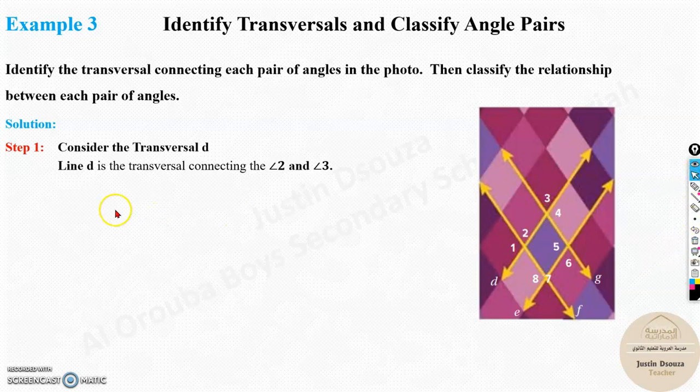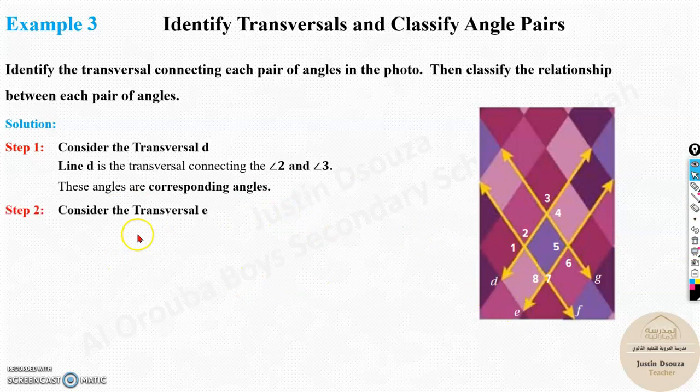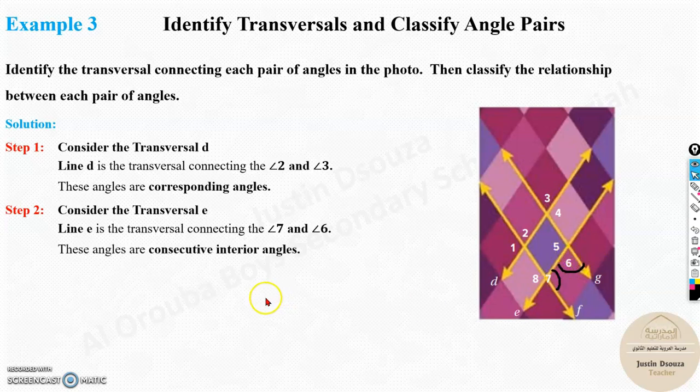Okay, so now let's take another example, another line, that is transversal E. And over here they have considered 7 and 6. You can consider any, but over here you can see 7 and 6 is known. So these are consecutive interior angles. So next would be transversal F, and you can see which are known. So over here all these angles are known, so it's up to you to choose.